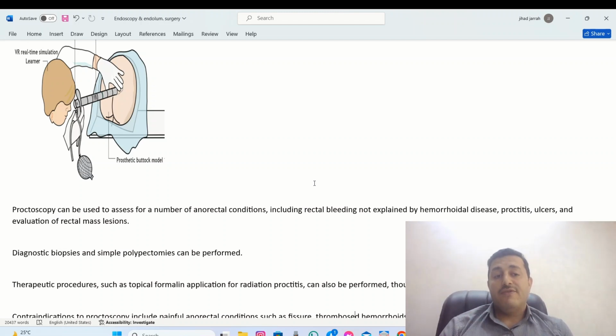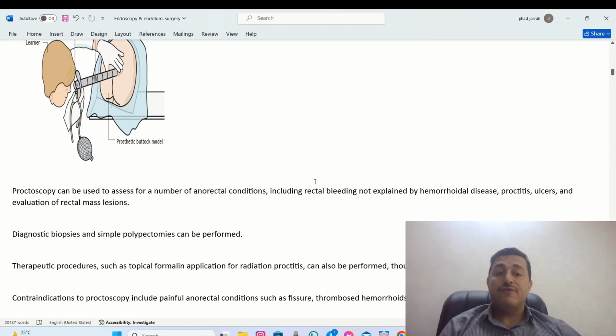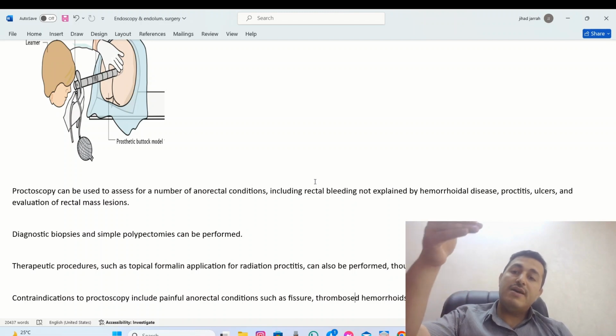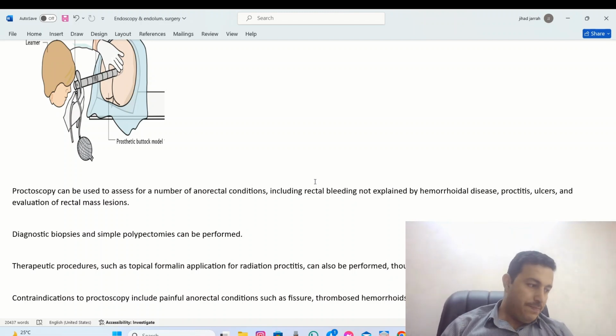There we have the valves of Houston, so this movement can flatten the mucosa and let us see what is behind these valves. If we notice any mass, we have to document the distance from the anal verge to the inferior edge of this lesion.